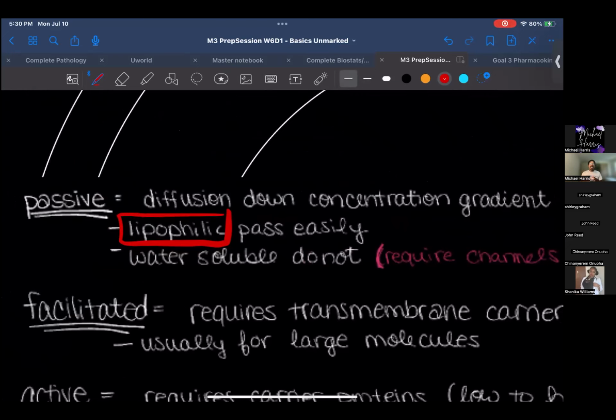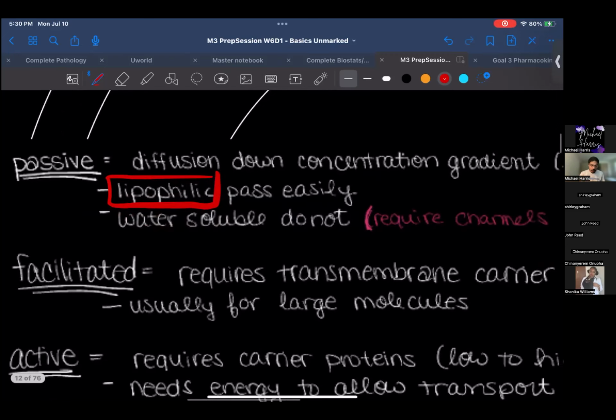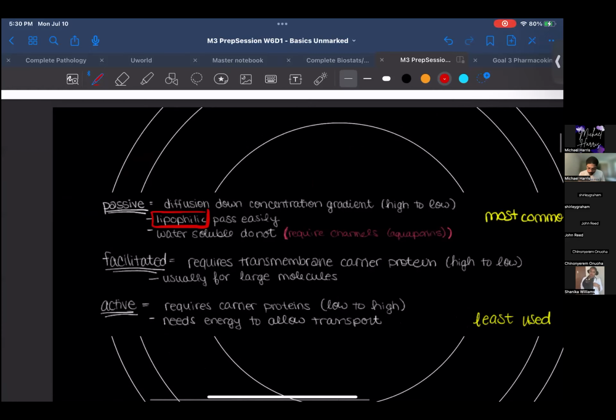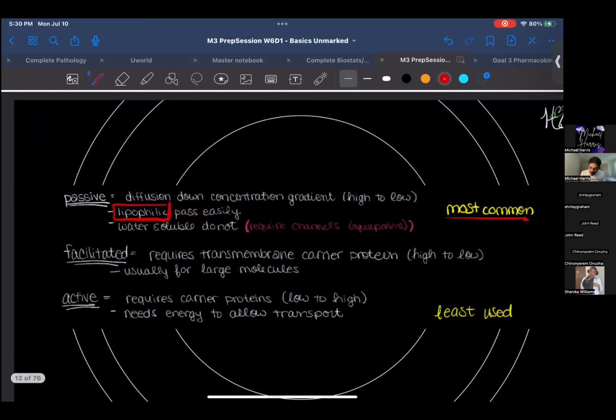If a drug is easily diffused and has a huge volume of distribution, the drug is most likely lipophilic. Water soluble drugs do not, just like we talked about. Facilitated diffusion just means that you have some kind of carrier protein. And then active, you use energy. So that's kind of a rehash of year one. This one is most common.